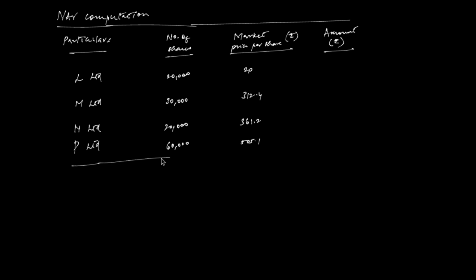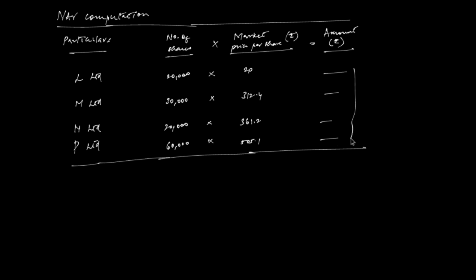So, number of shares into market price per share will give us market value, right? So, this into this is some amount, this into this is some amount, this into this is some amount, and this into this is some amount.